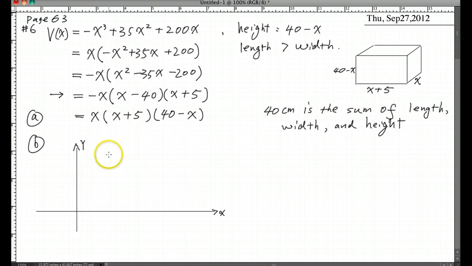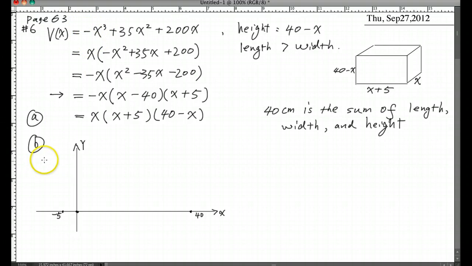So we should have 3 zeros for the polynomial function. One is 0. And look at x minus 40, you should have a 40. And this one should be negative 5. And because the leading coefficient is negative 1, when x is negative, after you cube it, it's still negative, so this one becomes positive.